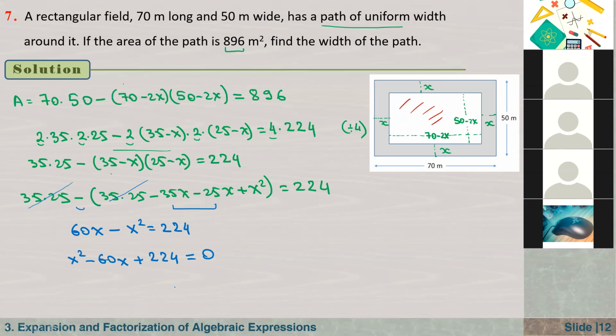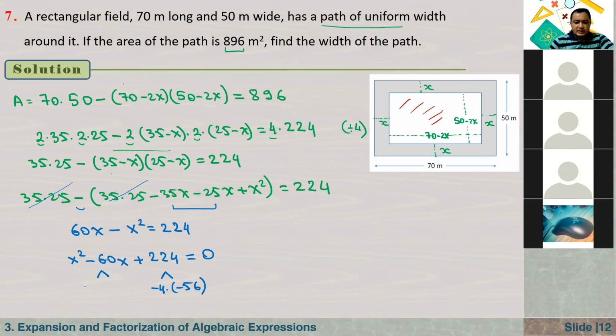Now we got a quadratic equation. Now I'll try to solve this by factorization. The coefficient of x squared is 1. So I'll try to find two numbers whose product is 224 and their sum is negative 60. What are those numbers? Those numbers are negative 4 and negative 56.